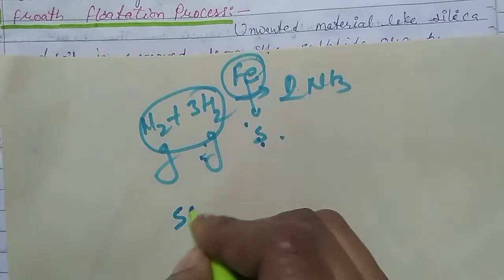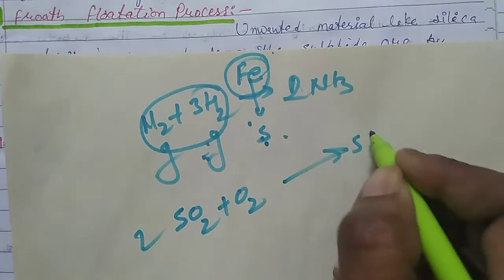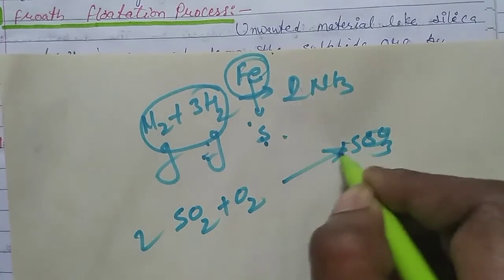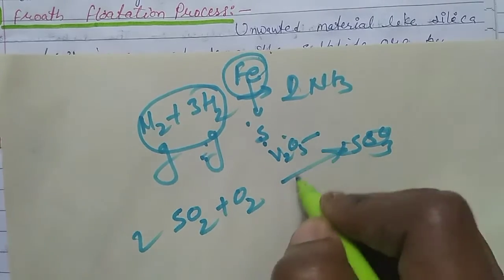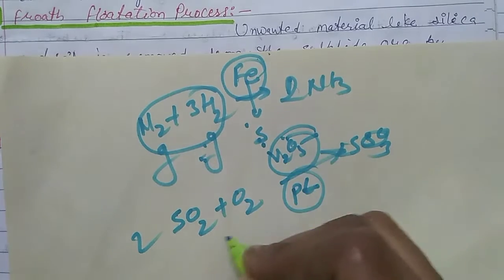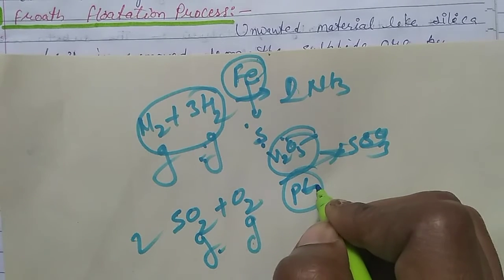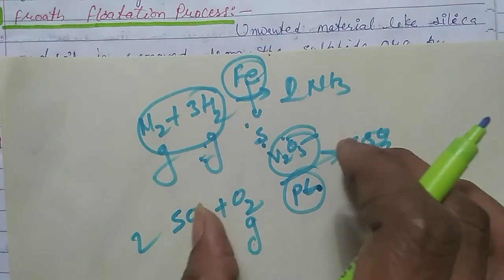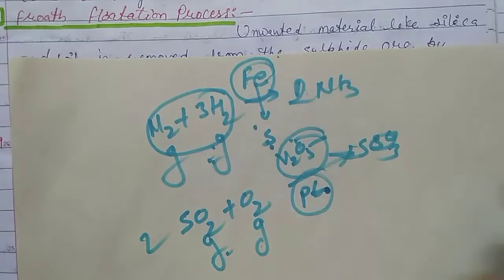For the same example, when SO2 is oxidized into SO3, the reaction takes place in the presence of V2O5 or Pt. This is solid, but the reactants are gases. So it is an example of heterogeneous catalysis, when the physical state of reactant and catalyst are different.